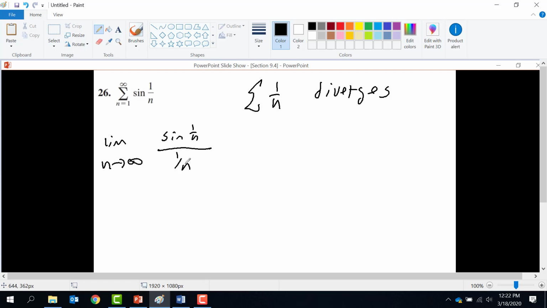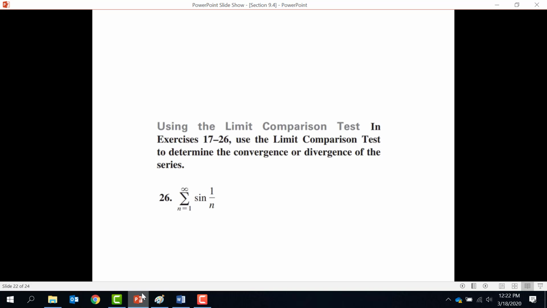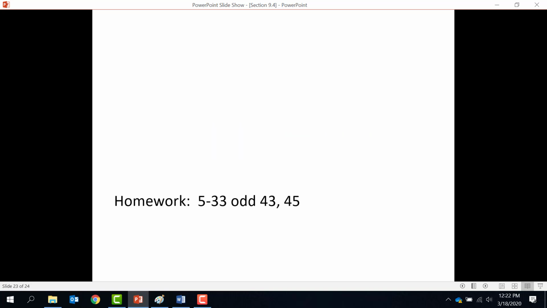And then again, what's inside is going to 0, and it is the same. And so that result that I just recalled from last semester tells me that this limit is 1. Therefore, they both diverge. Since this one diverges, this one does the same thing by the limit comparison test. That is it.